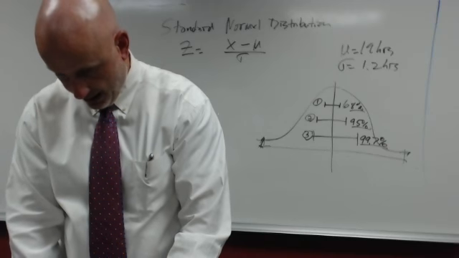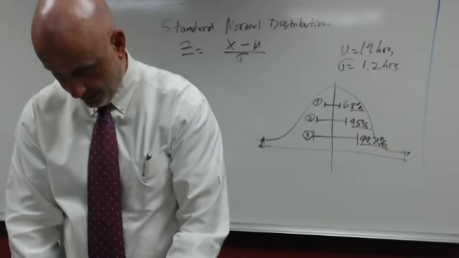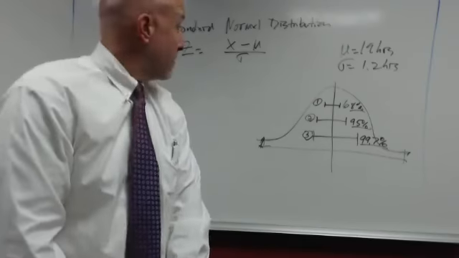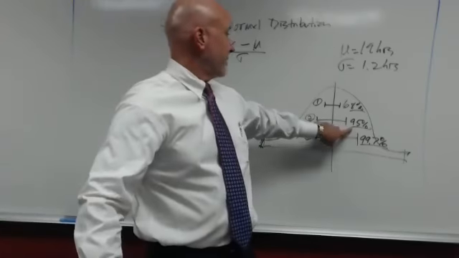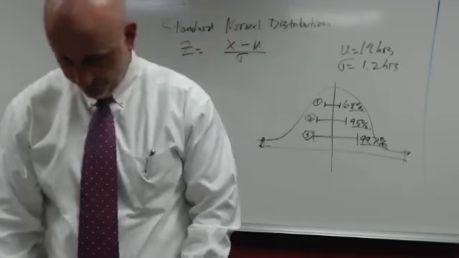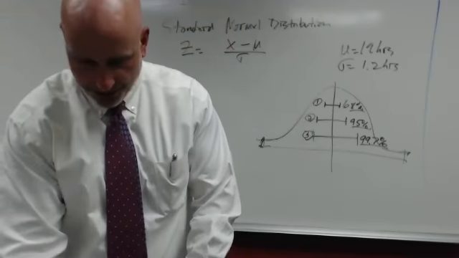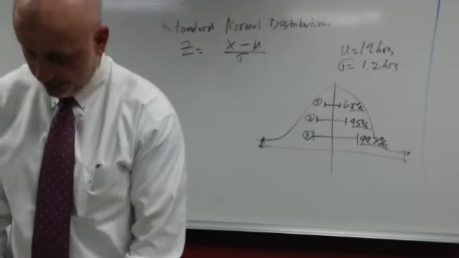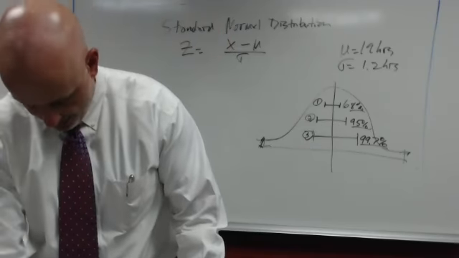Let's say that I go out to this 95%. So if 95% is under the curve, 0.4441.